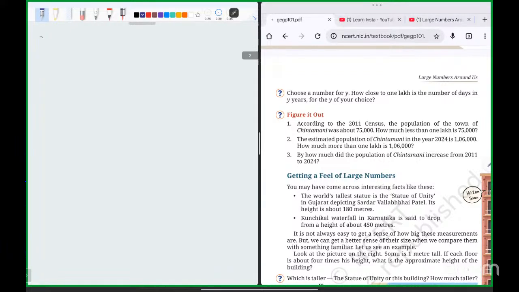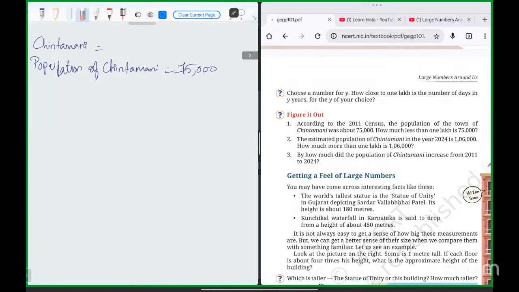So there is a town called Chintamani, and they have calculated the population of that town, which is 75,000, as given in the question.